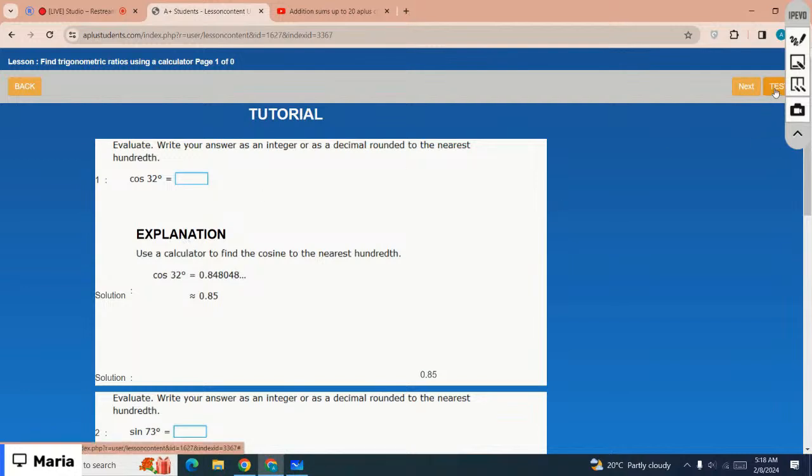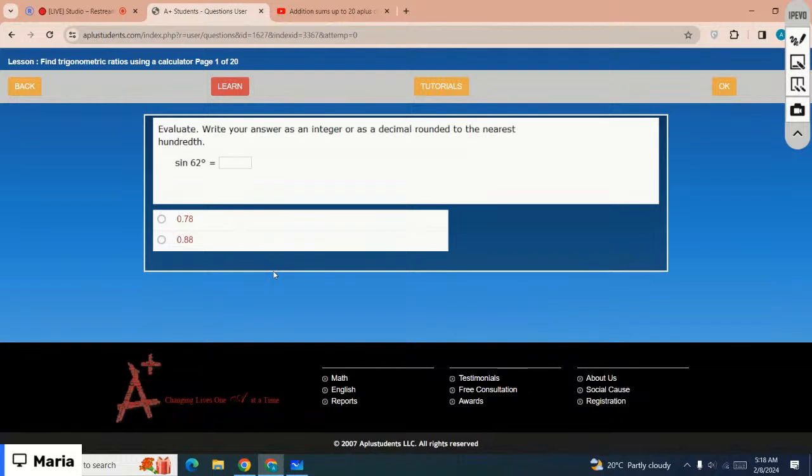Let's just start with the test question. Evaluate. Write your answer as an integer or as a decimal rounded to the nearest hundredth. So, which is the correct option? That is sine 62. Although I don't have a calculator right now, let's just try on the calculator from mobile. That is sine 62. Which is the correct option?